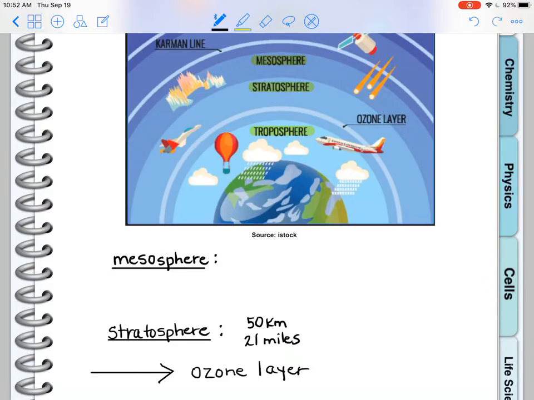So the mesosphere is not going to be habitable for humans. The measurements on this one are 80 kilometers up or 50 miles, depending on which system of measurement you're using.